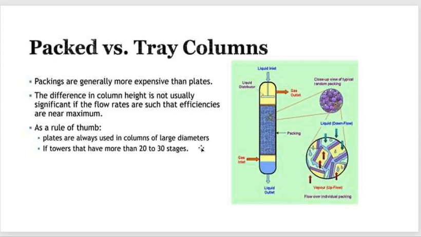For the small diameter, remember all the time to select the packed column, because when you make your design and you find the diameter is so small, it is not recommended to install trays. How will you install trays? We mentioned before that there is a manway related to each tray, and there are the weir and the liquid downcomer. How will you install all this equipment if you are working with a small diameter? For the small diameter, it's recommended to go to the packed tower. This is the meaning of the statement.